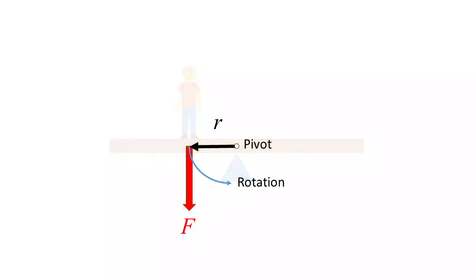Let's redraw our diagram as a free body diagram, showing a force as a vector pointing downwards because gravity points downwards, and at a lever distance r from the pivot point. The lever distance points in the direction from the pivot point to the force, which in this case is to the left. The extent that the force can cause an object to rotate about some pivot point is called torque.